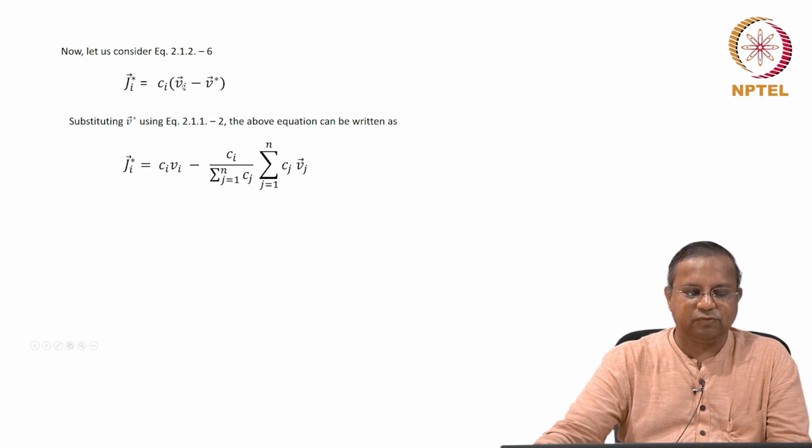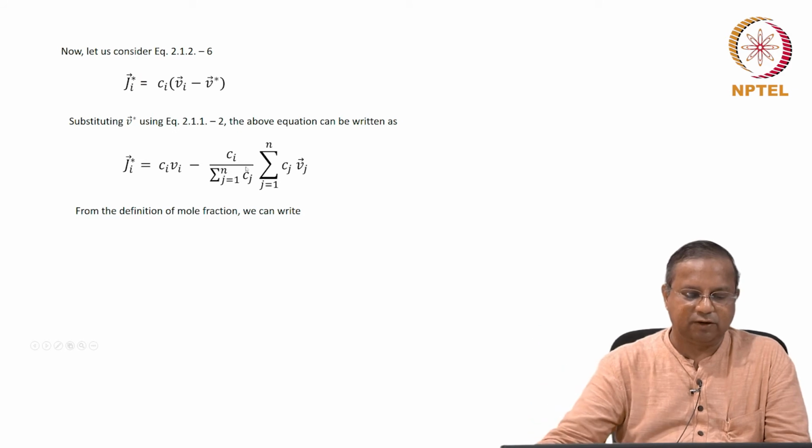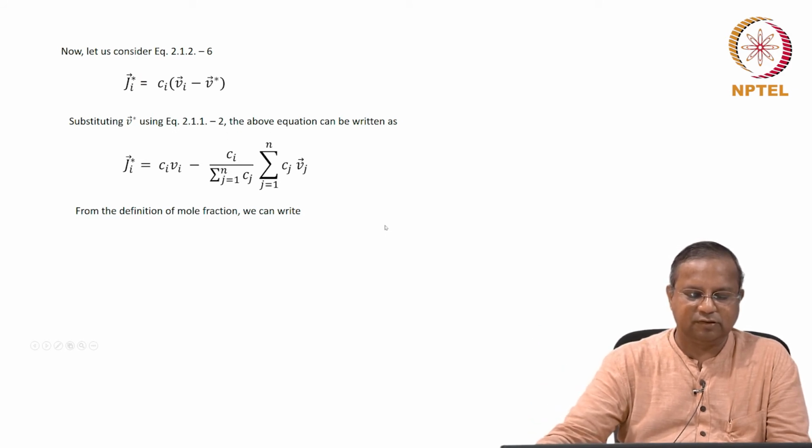Here, if you remove the brackets, C_i V_i minus C_i times V star. And from the definition of mole fraction, concentration divided by the total concentration, you could write this as x_i, and C_i V_i is nothing but capital N_i, the molar flux.